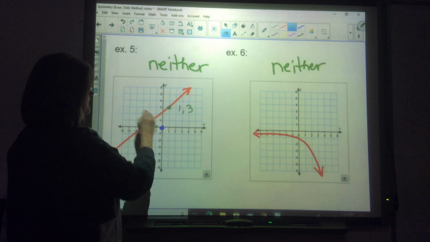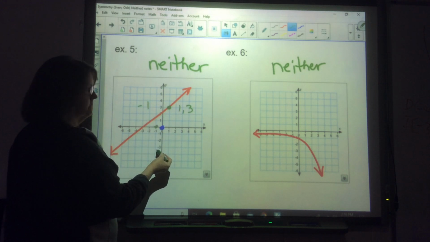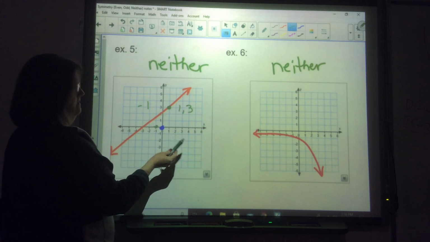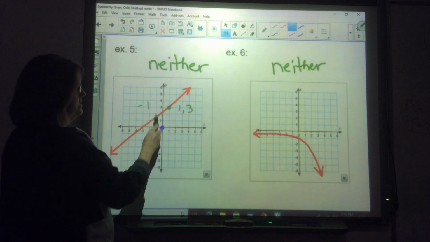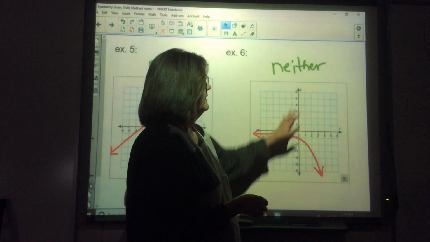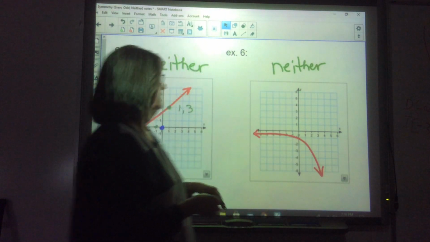If you look at negative 1, you do not have negative 1, negative 3. So that's the only way it would be odd. And it is not even because you don't have 1, 3 and negative 1, 3. It's just not there. So that's neither. And remember, this kind of function is exponential and it is neither.